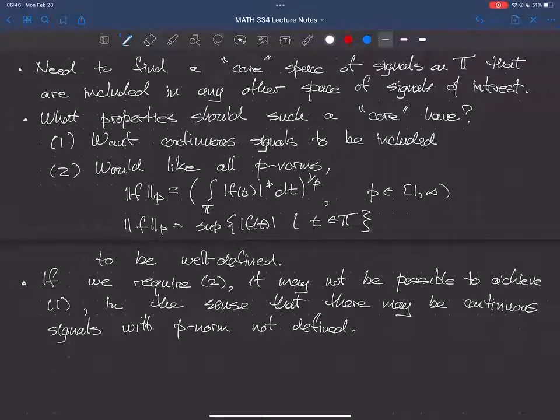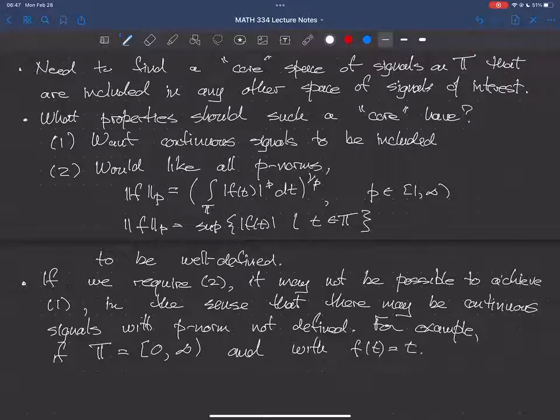This isn't exotic. For example, if T is equal to the closed interval from 0 to infinity, and f of t equals t, let's say, this is continuous, obviously, but none of these norms will be well defined for this f.